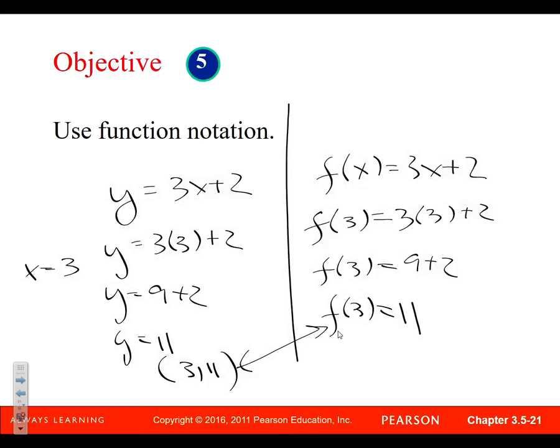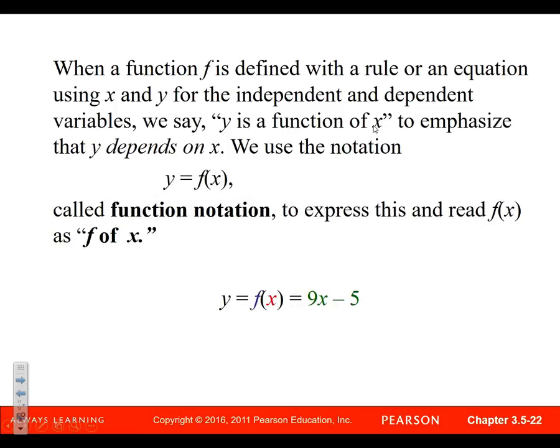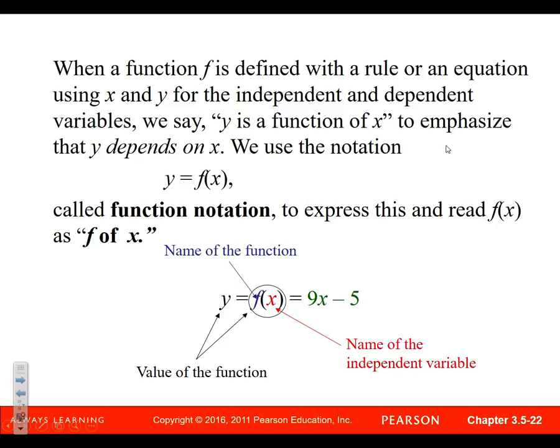Here, when x is 3, y is 11. Questions on that? No? Cool beans. And yeah, the proper way to say it is f of something, and that something depends on what variable you're using.